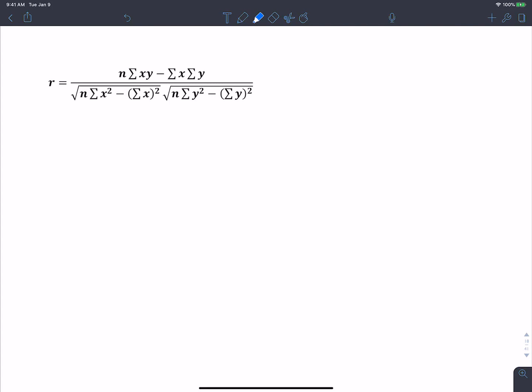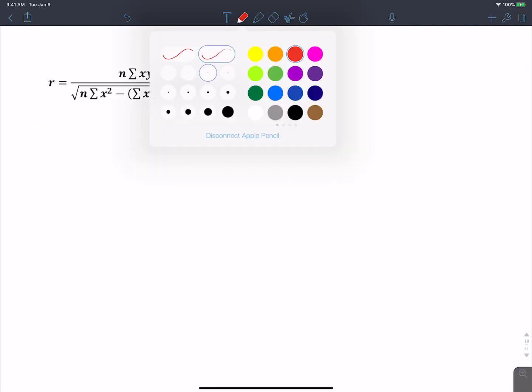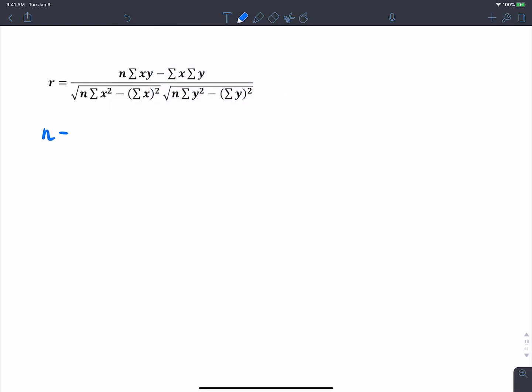So what was n again? 7. We need again sum xy. What was sum xy? 181? What's sum x squared? 140.